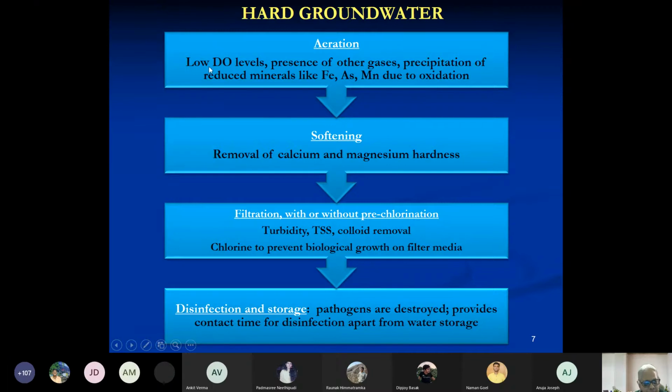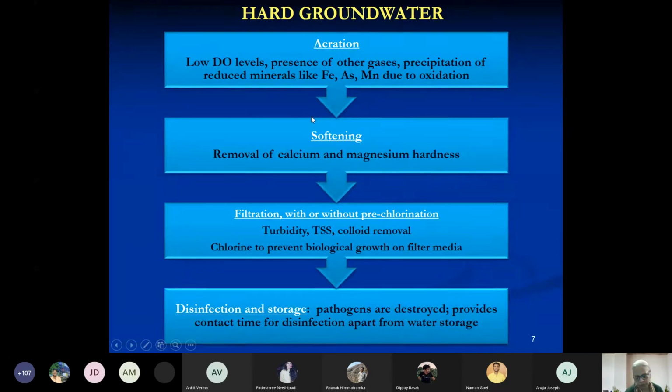Another issue is the presence of gases, and you may also have low DO levels. Now, I often say this: if you prefer refrigerated water to room temperature water, what is the difference in the water? The only difference is the temperature, right? You also know the relationship between DO and temperature.